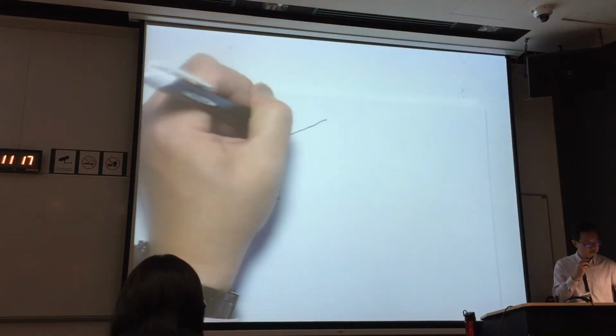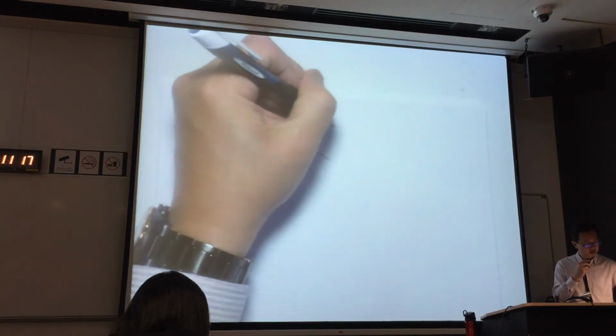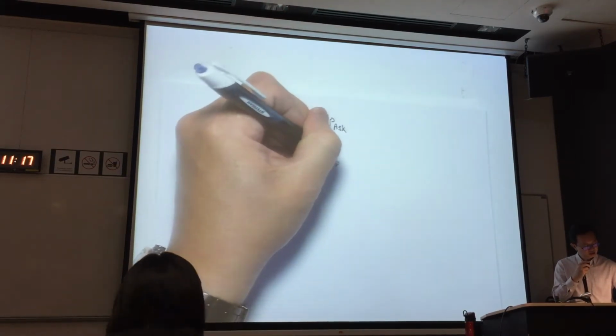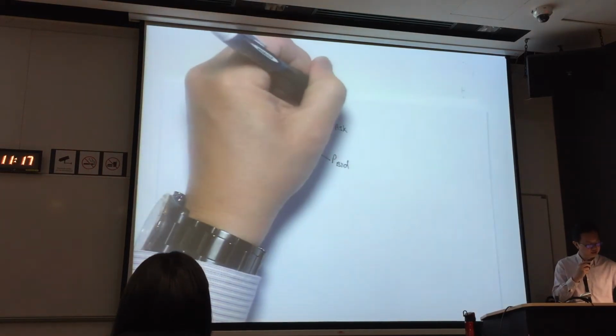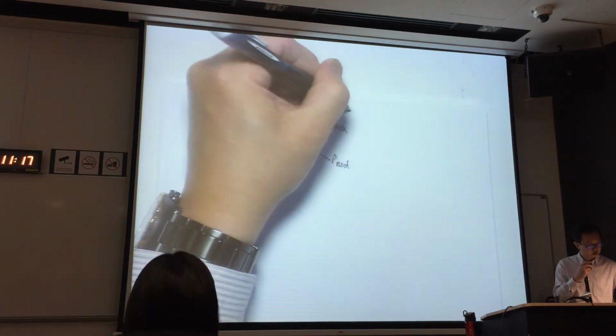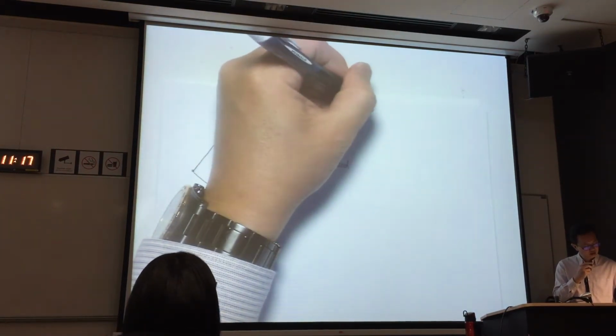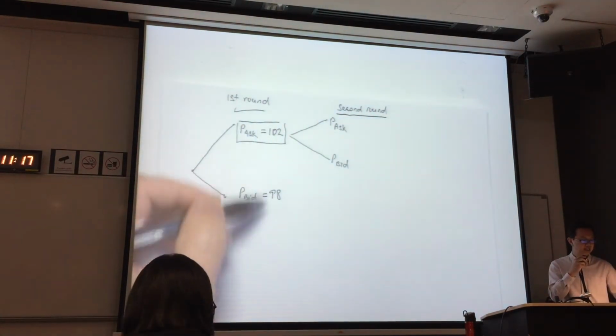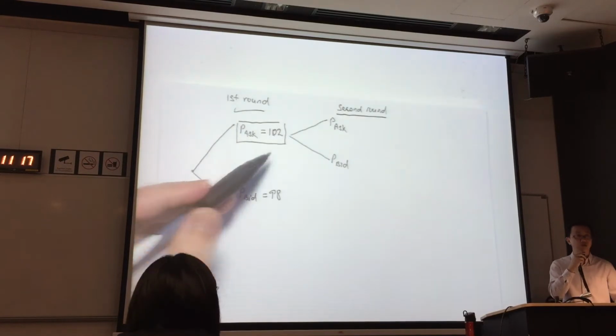What will be the bid and ask in the second round? Right, the first round, the bid and ask is quoted at 98 and 102.